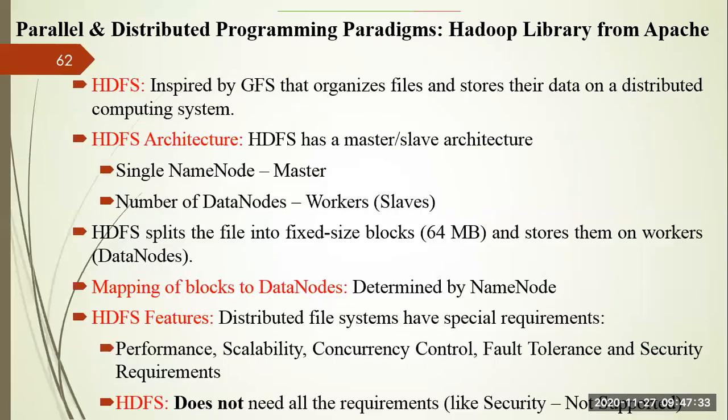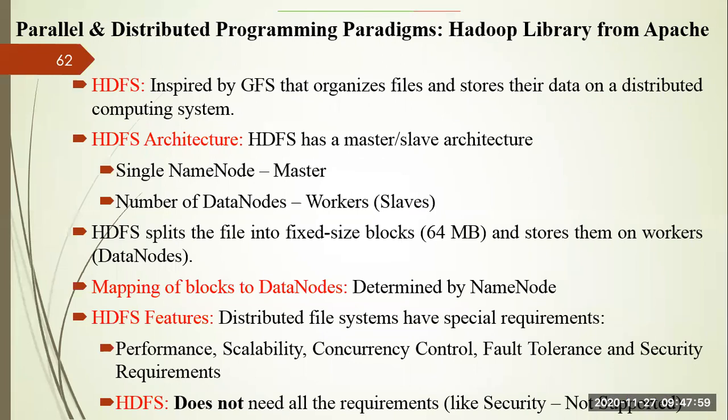Okay, so Hadoop Distributed File System is a distributed file system, right? Inspired by GFS, the Google File System, that organizes the files and stores their data on a distributed computing system, and processes the stored data in a distributed computing system.